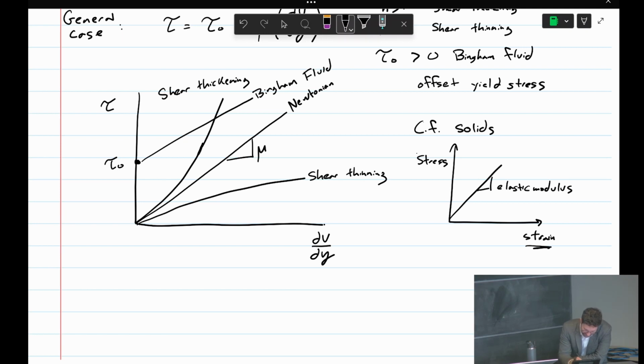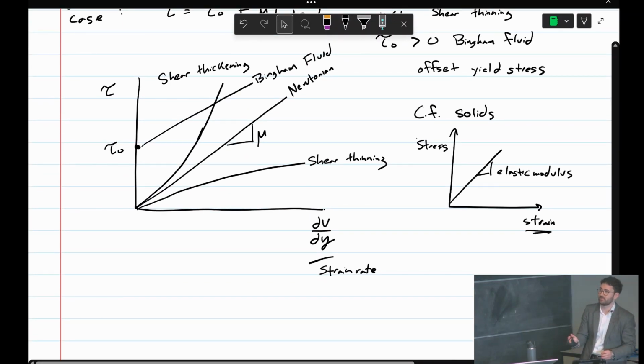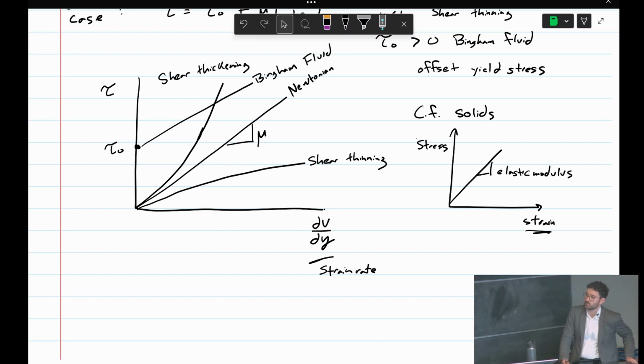So this is strain, but here this is strain rate. So this is kind of our equivalent stress strain plot for fluids. Again, a fluid deforms continuously under an applied shear, but how it deforms in terms of the strain rate depends on its characterization of either a Newtonian or a non-Newtonian fluid.